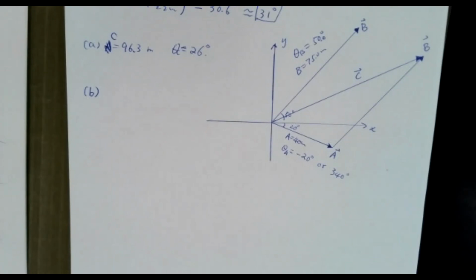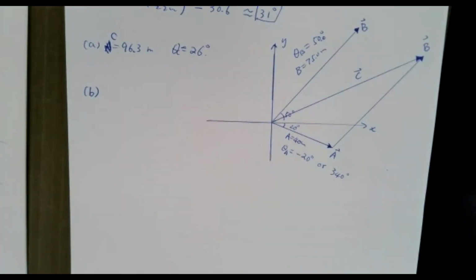And then for your resultant vector, the x components add up to be the x component of the resultant, and then the y components of the original two vectors add up to be the resultant y component, okay? Once you have the x and y components for the resultant, you can calculate its magnitude and directional angle.